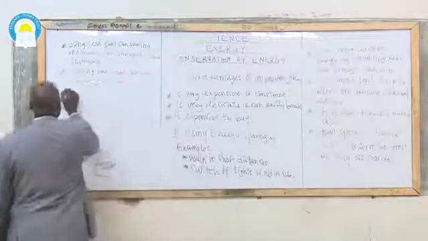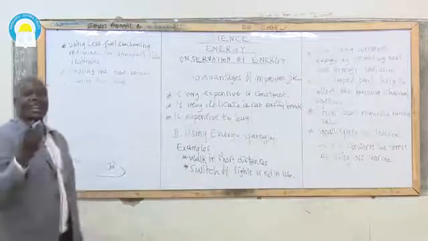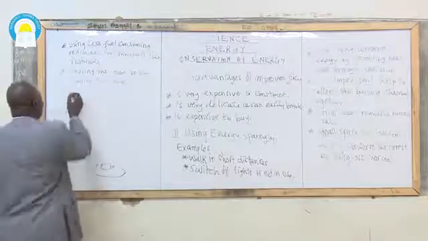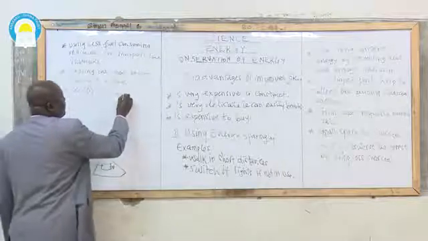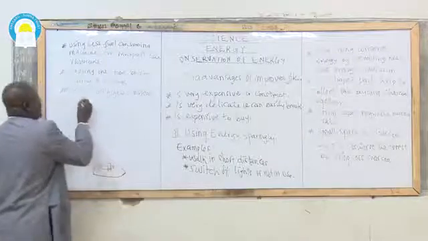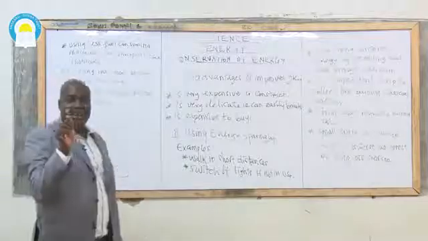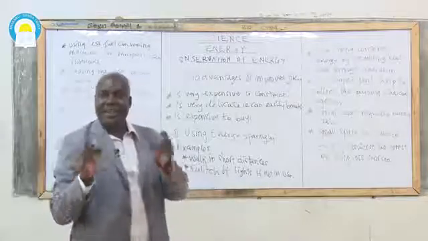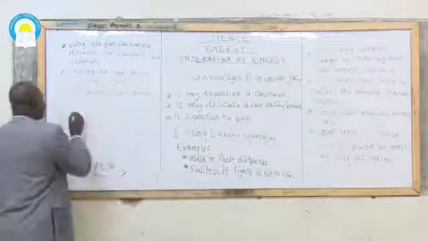Next one, we can also use energy sparingly by cycling short distances. Use of bicycles instead of cars. You can also use energy sparingly by the government renovating and improving the road network.